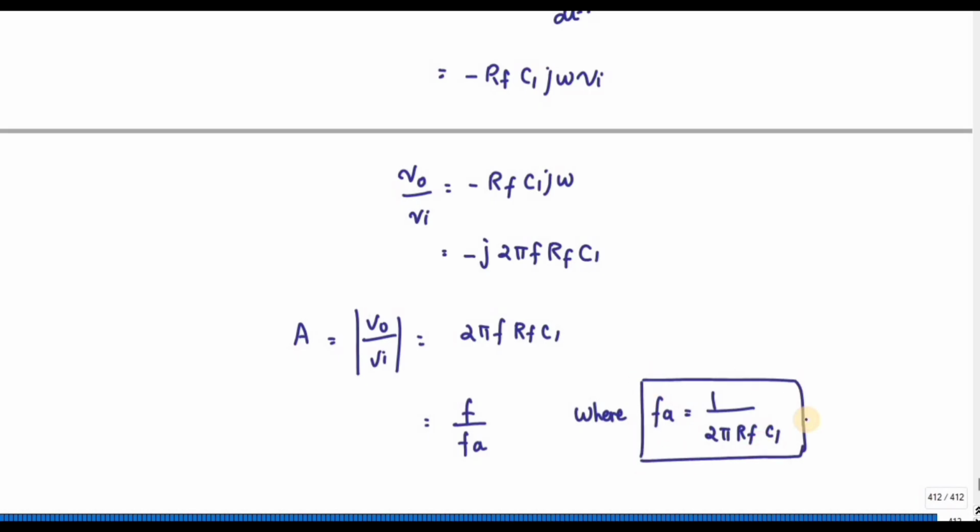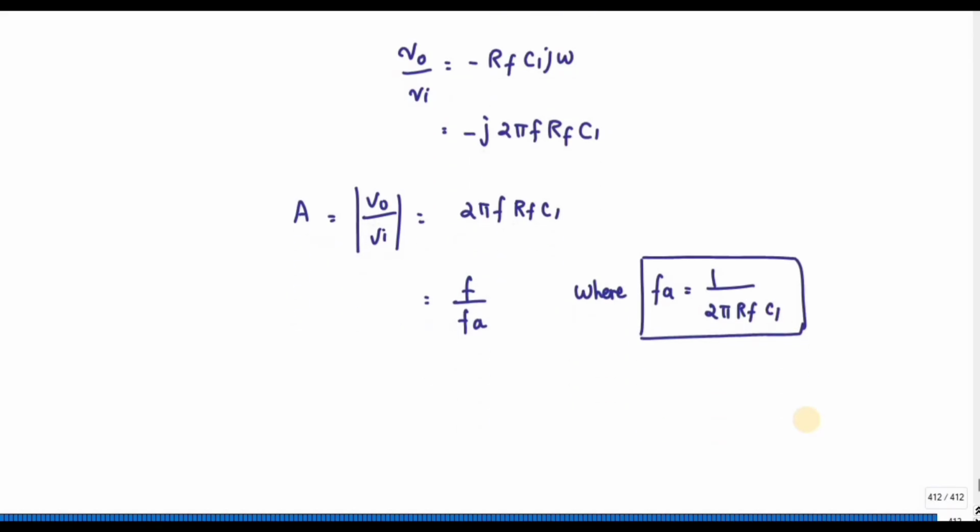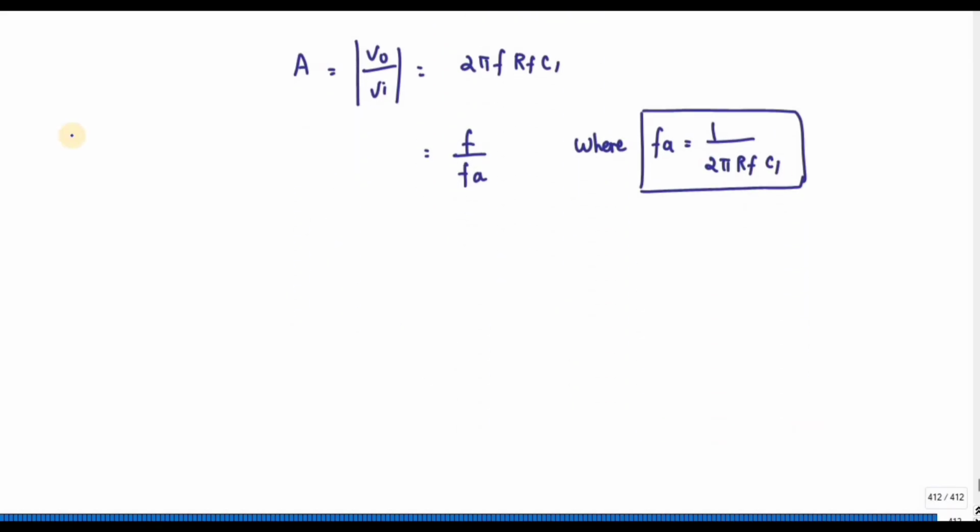So let us plot the diagram. If you substitute f equal to fa, my gain A becomes 1. If I take 20 log of A, I get 0 dB.